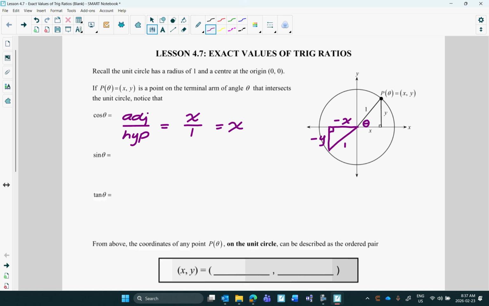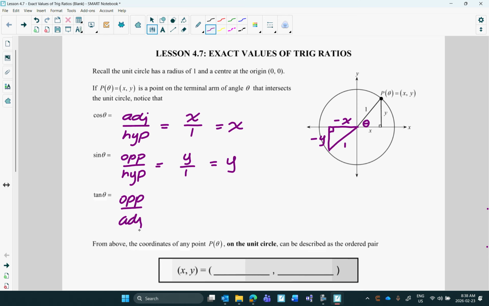Similarly, sine is opposite over hypotenuse. But in this right triangle, it's what side over what side? Y over 1. Which is just the same as the y coordinate of the point on the unit circle. And tan is opposite over adjacent.